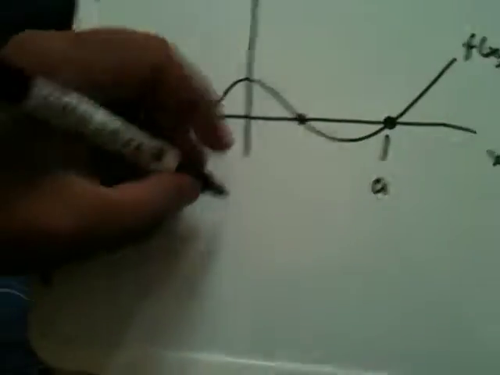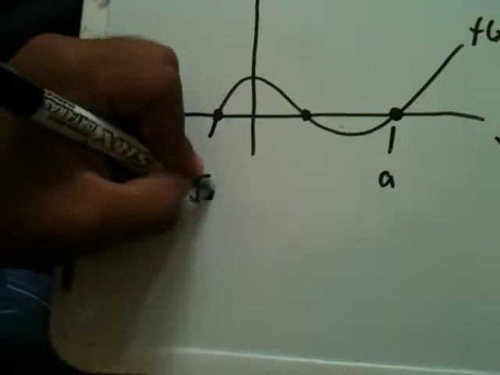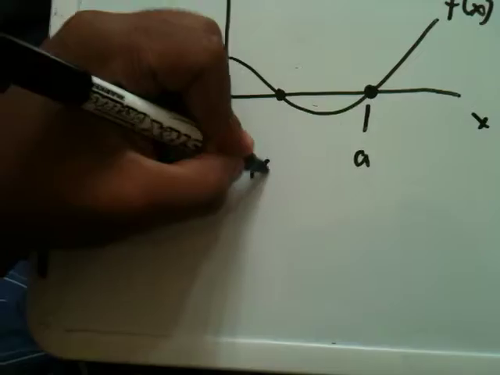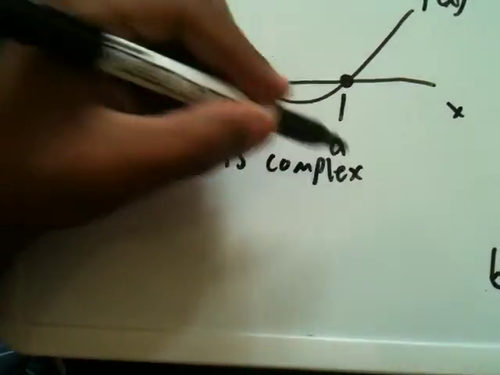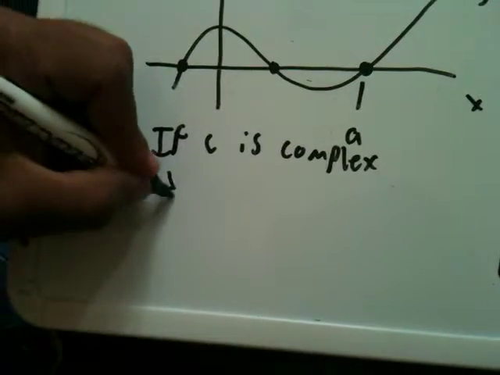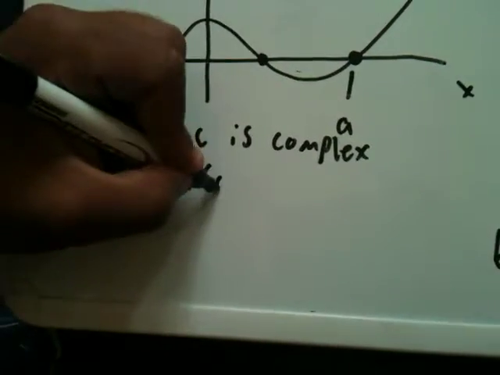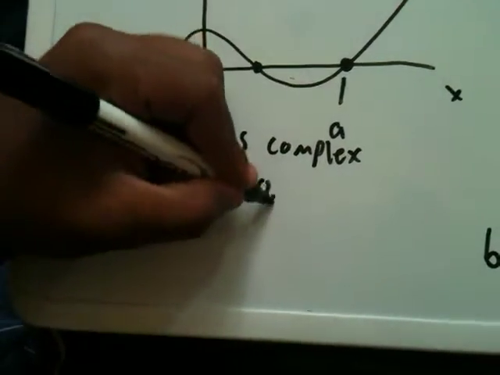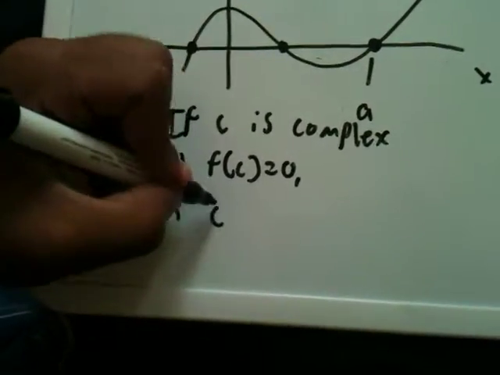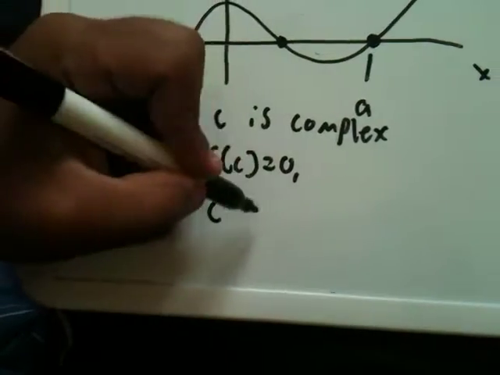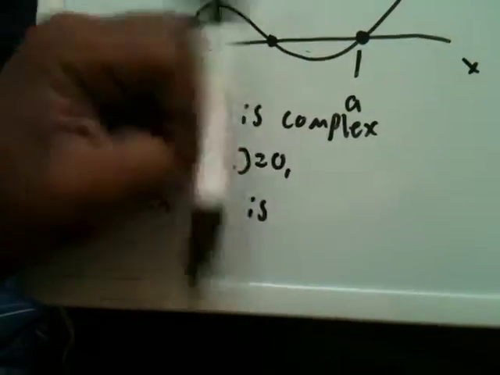Which means if c is complex, and f of c is 0, then the conjugate of c, which is represented by c bar, is a zero.